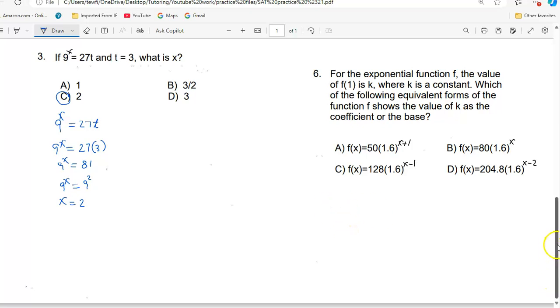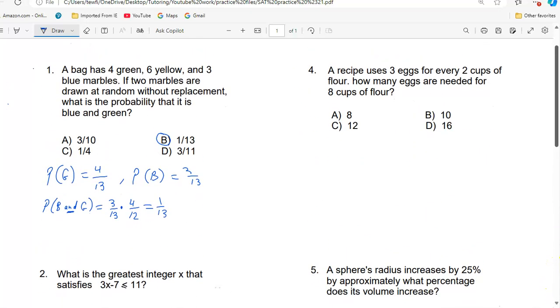For the next one, which is this one, a recipe uses 3 eggs for every 2 cups of flour. How many eggs are needed for 8 cups of flour? So for this one, we're going to do the proportion. We have the ratio of eggs to flour, 3 to 2, right?